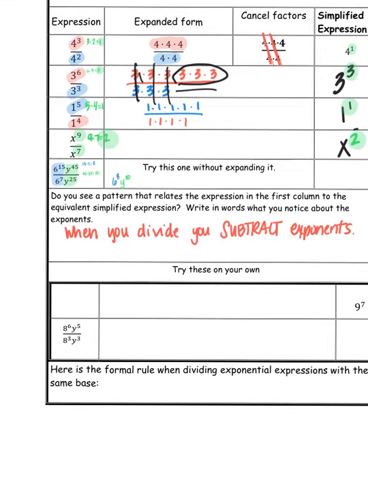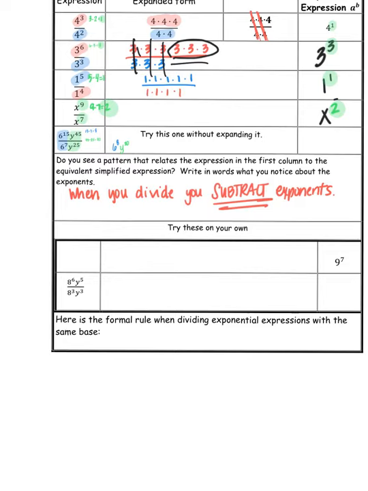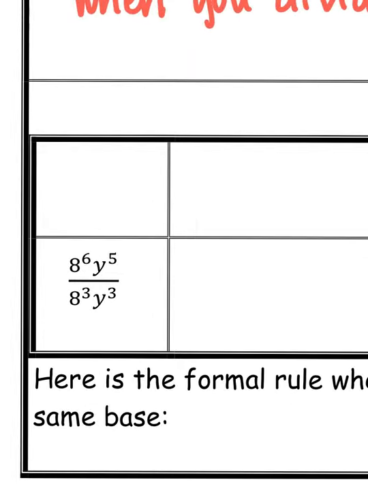So when you divide, you subtract the exponents. Before, when we multiplied, we added the exponents, right? Okay, so I'll let you do this top one here, and if we look at the bottom one, we can do this one together.